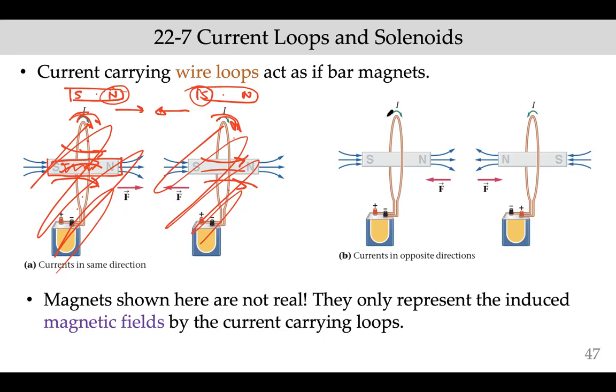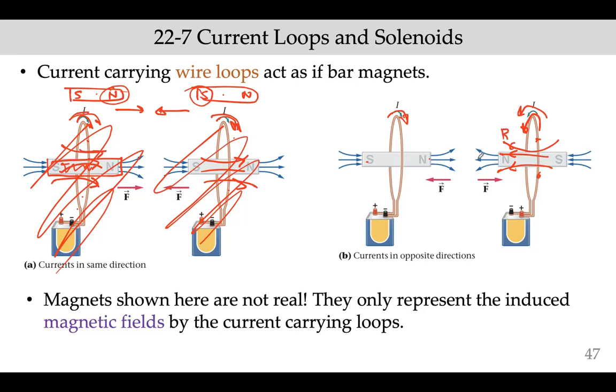Now, what happens if you have two loops at a close range, but the currents are in opposite directions? Again, this one will create south-north, but for this one, use the second right-hand rule. The current now flows in this direction. Wrap this wire at different points with your four fingers in a way that your thumb shows the direction of the current, and you will find the magnetic field lines to be in this direction.